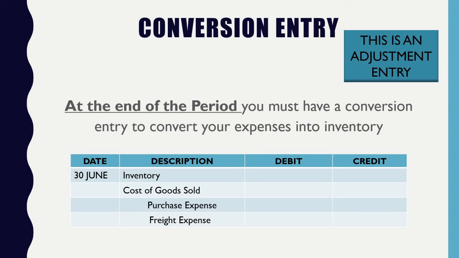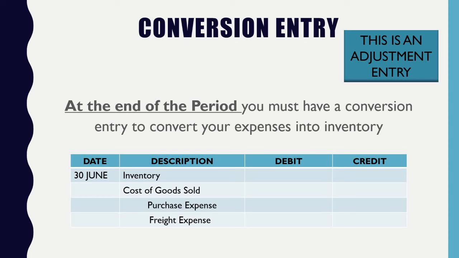So if you think of it this way, when I originally purchased my items, I put them in a bucket called purchase expense and freight expense. So that means I have two buckets, one that's holding all 200 toys. But now that I reach the end of the accounting period, I need to empty out my purchase expense and my freight expense accounts and move them into other accounts.